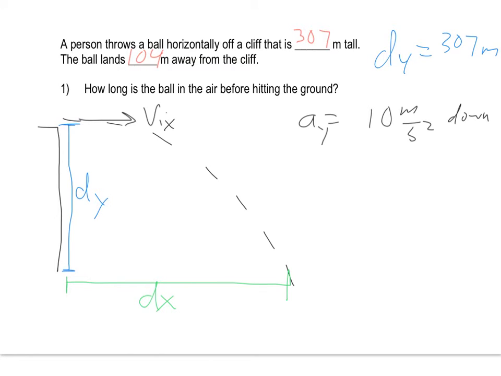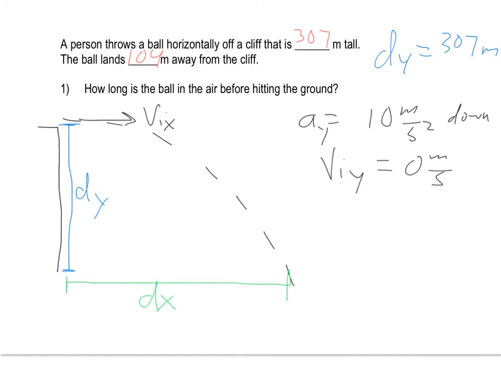Why that's important is that my initial vertical velocity for anything that's launched horizontally is going to be 0 meters per second. As this thing falls, it's going to speed up in the downward direction, but to start out with, all the initial motion is all sideways. So that's going to be really useful to us.